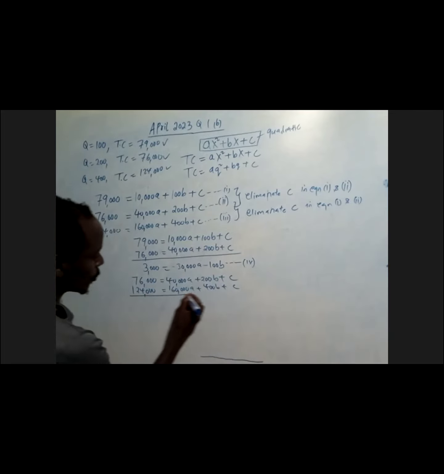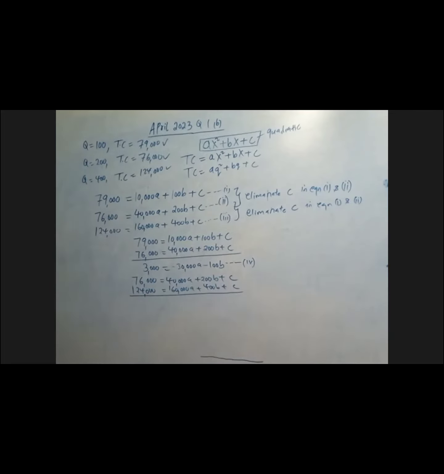Now let us eliminate so that we can have equation number 5. So 76,000 minus 124,000 is equal to minus 48,000.